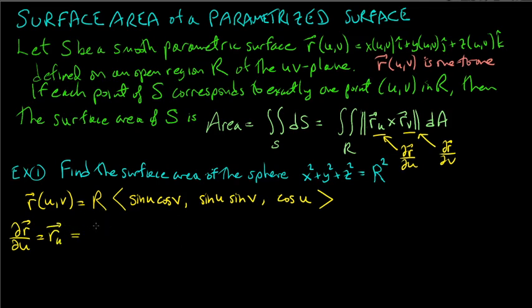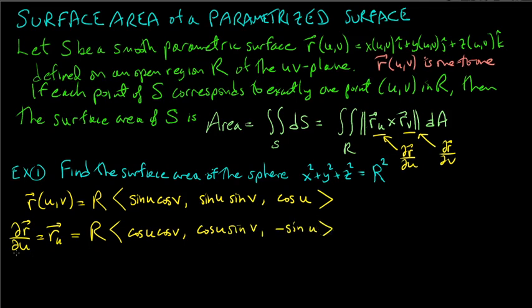And we did this already too, so I will just quickly remind you. Capital R cosine of v, cosine of u, cosine of v, yikes. And then cosine of u, sine of v times sine of v, and then negative sine of u.